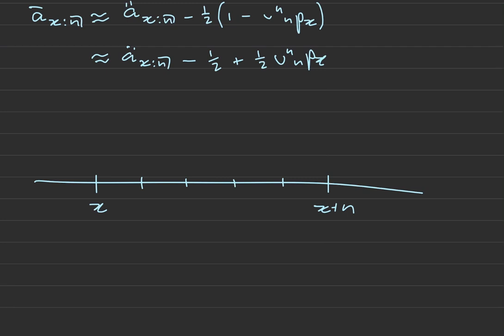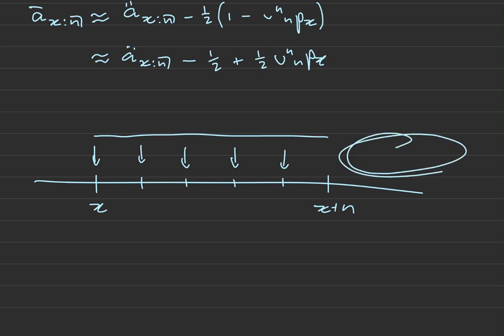This pays in advance, at all of these time points until they die. This will pay continuously until they die over the time period aged x to aged x plus n. Now, it doesn't pay if the life lives beyond that point.